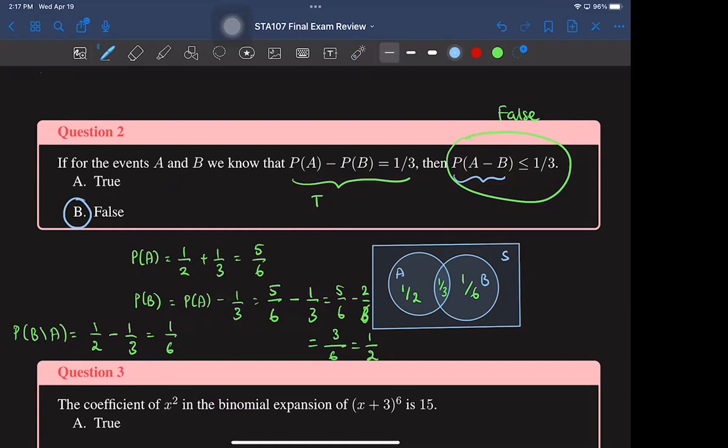Any question? If it makes sense, can you give me some reaction? Like you can add emoji or something.